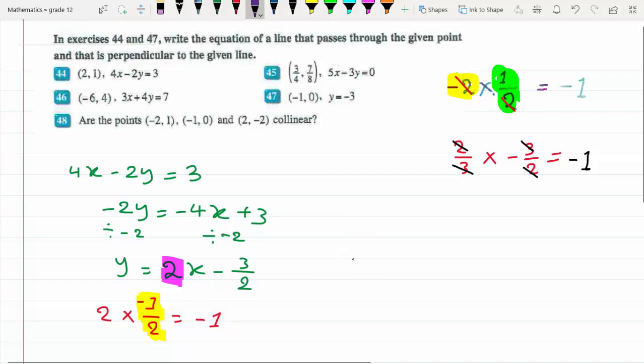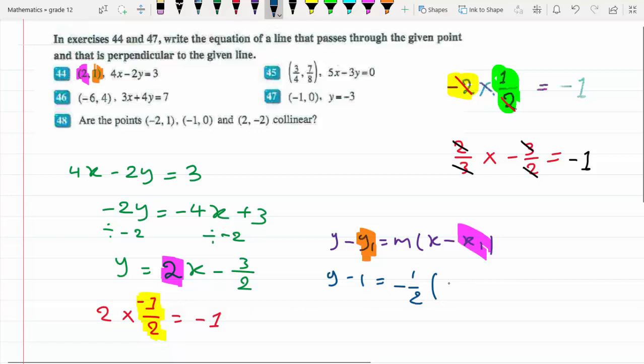We have two methods to find the equation of the line. The actual one is this one: y minus y1 is equal to m times (x minus x1). The y1 we have here is this number and the x1 is this number. Let's just substitute. y minus 1 is equal to, we found the m, it's -1 over 2 times (x minus 2).